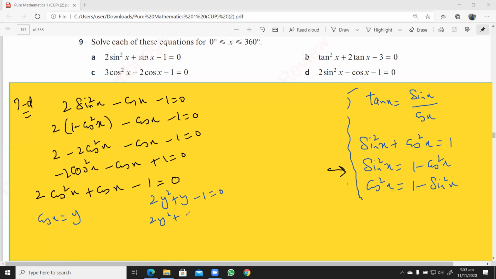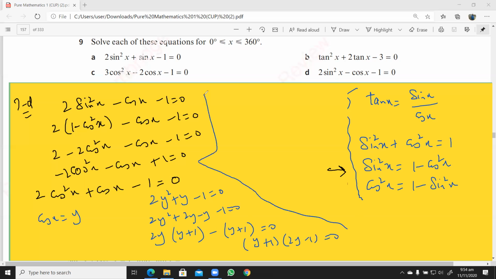Okay, 2y squared plus 2y minus y minus 1 equal to 0. 2y into y plus 1, and minus 1 into y plus 1. So y plus 1 equal to 0 and 2y minus 1 equal to 0. So you have y equal to minus 1, and you have y equal to half.